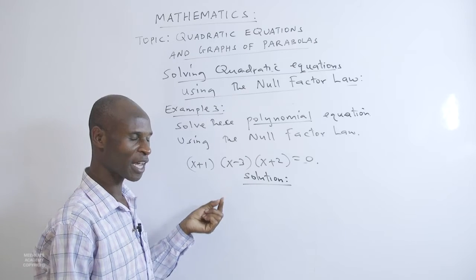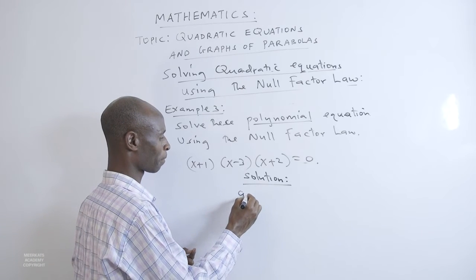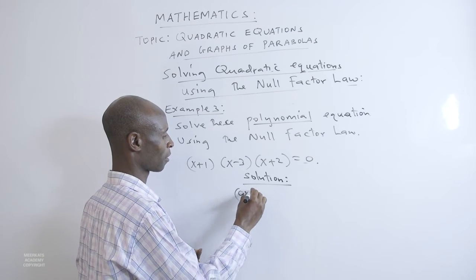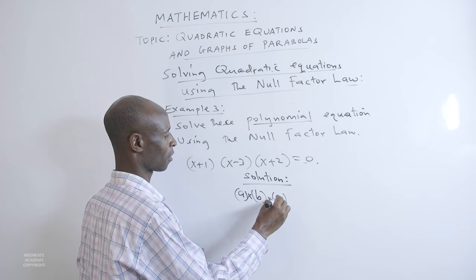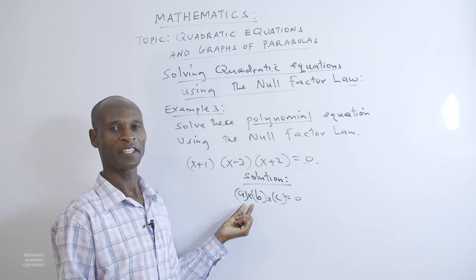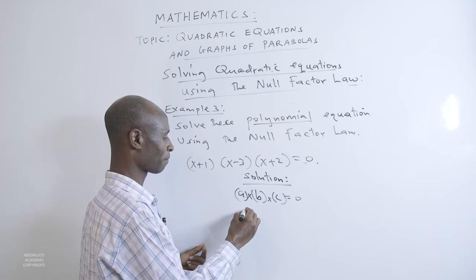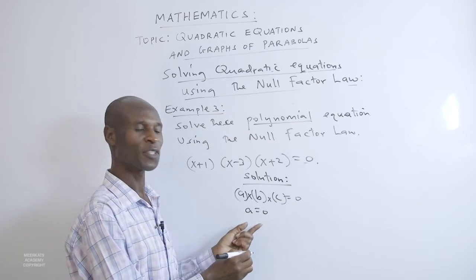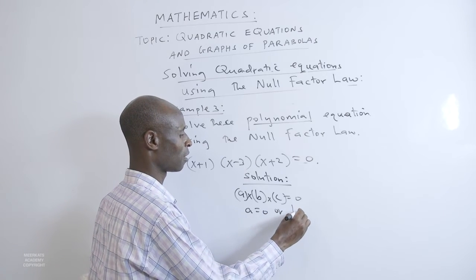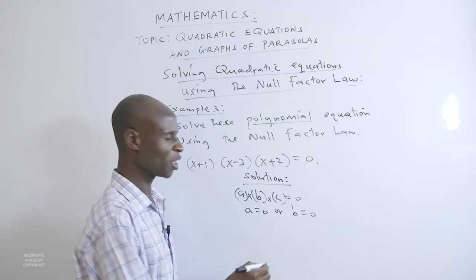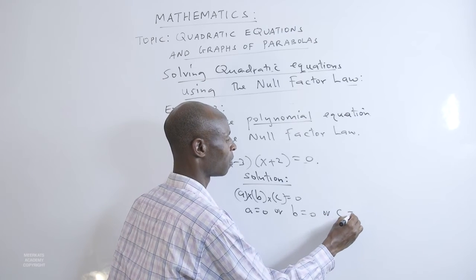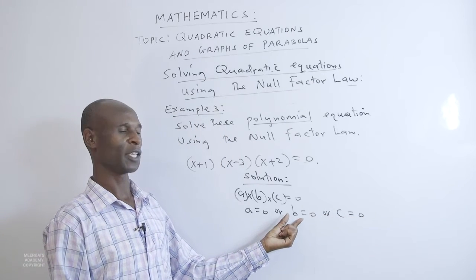In this case, for example, if we have A times B times C is equal to 0, it means either A is equal to 0 or B is equal to 0 or C is equal to 0.